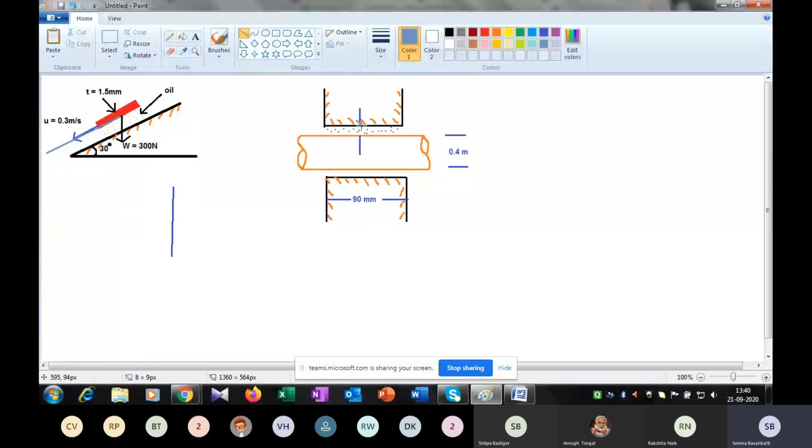So please draw the diagram. Diagrams are very important.